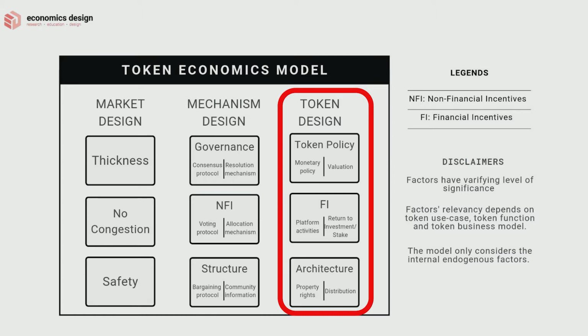So we're looking at platform activities, returns to investment, or returns to stake. And lastly, we're talking about architecture. Architecture is more useful for security tokens and non-fungible tokens, so it might or might not be so relevant. In architecture, we talk about property rights and distribution, so how the token is architected. With that being said, we'll get started with the different factors in token design to explain leverage tokens.